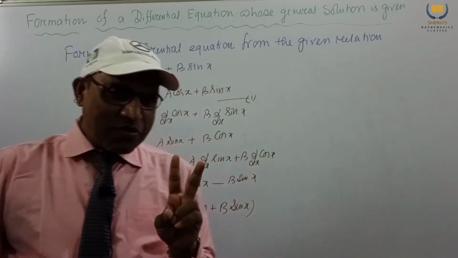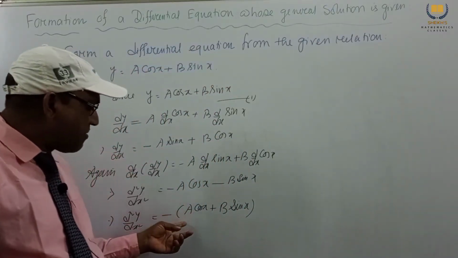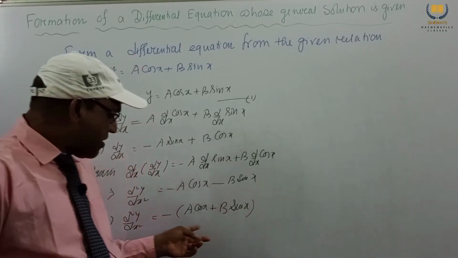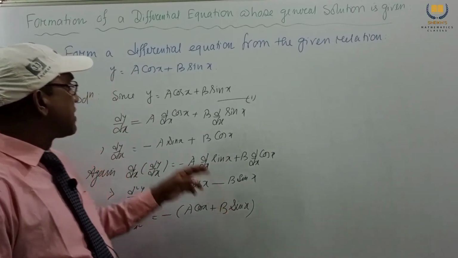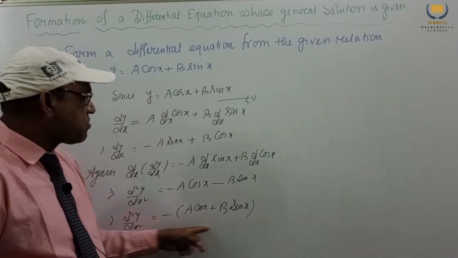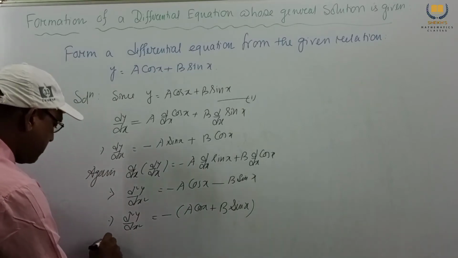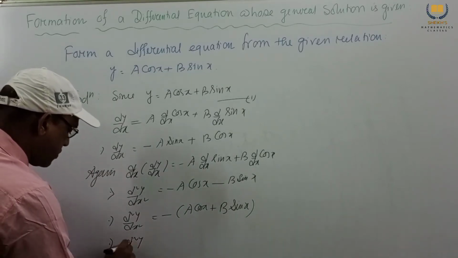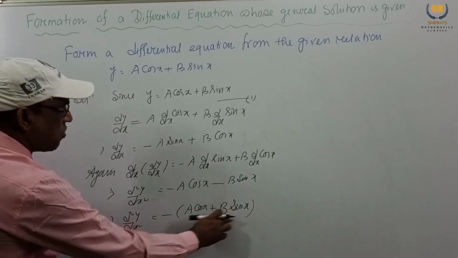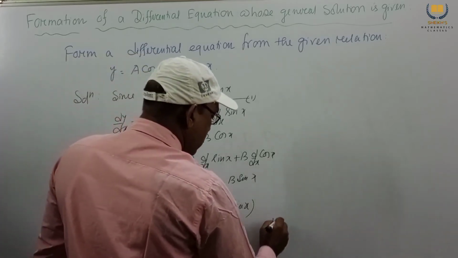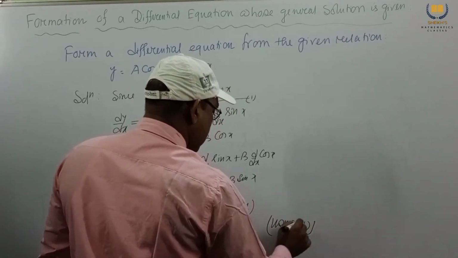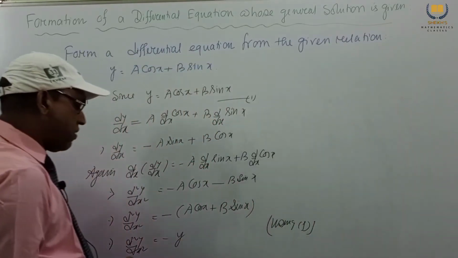Our target is to remove a and b, but a and b are again present here. How to remove this? This a cos x plus b sin x is y. So we replace this, we put y. This implies d square y/dx square equal to minus y, using equation number 1.